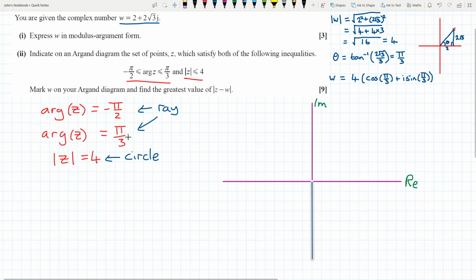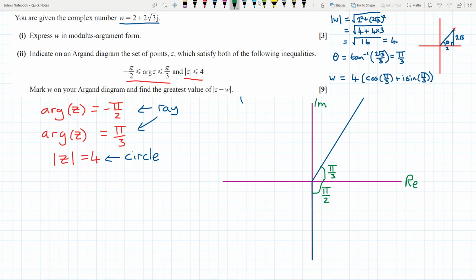And the other one is going to be pi over 3, so it's going to be going off up at an angle of pi over 3. So just to be super clear about this, I've got an angle of pi over 3 here, and this angle is pi over 2, but since it is negative, we're going in the opposite direction, clockwise.